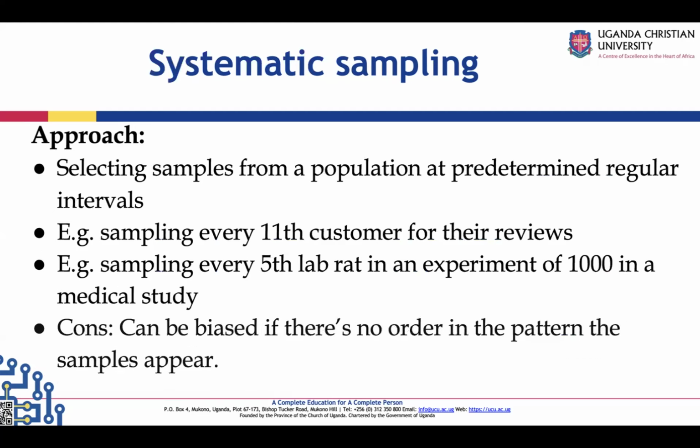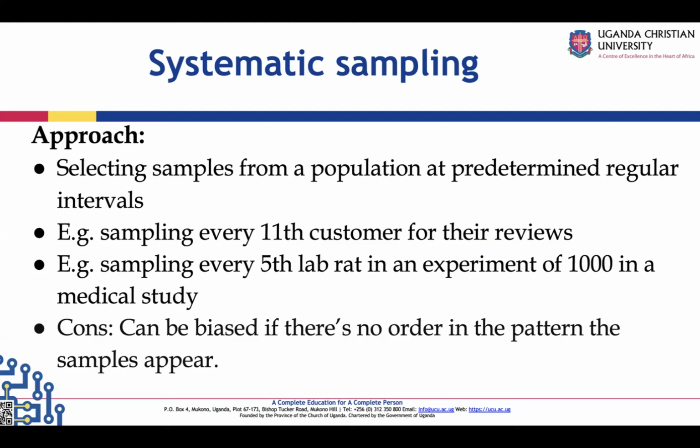We also have systematic sampling. The approach here is that you select samples from a population at predetermined regular intervals. These intervals can be time-spaced, number-spaced, or order-spaced, okay? For instance, if you are in a shopping mall trying to review your customers' perceptions about the products, you could choose every 11th customer that walks in and seek out reviews from them.